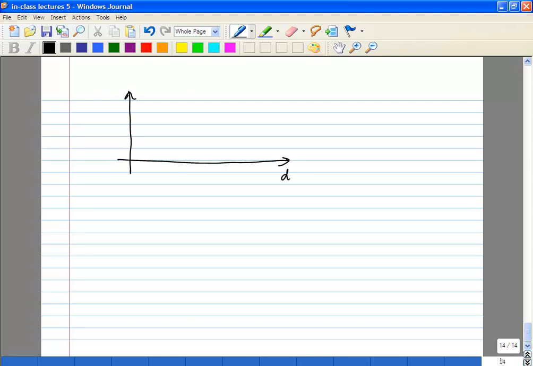If this is the distance d and this is your error percentage, then if you have very little distance, you'd actually find a lot of error.